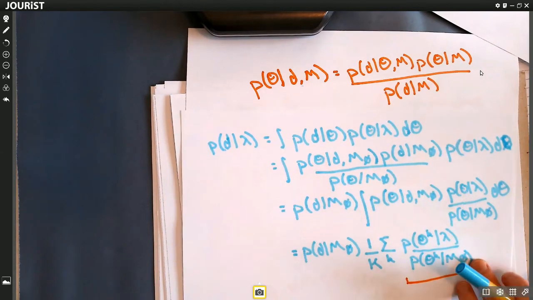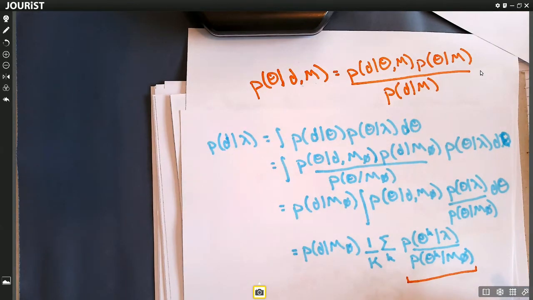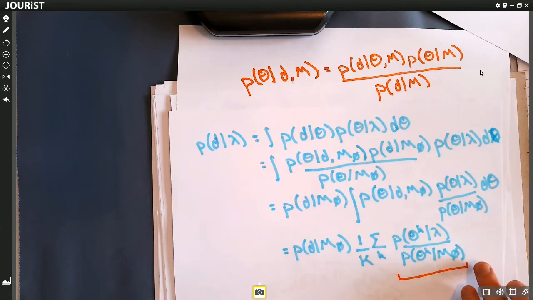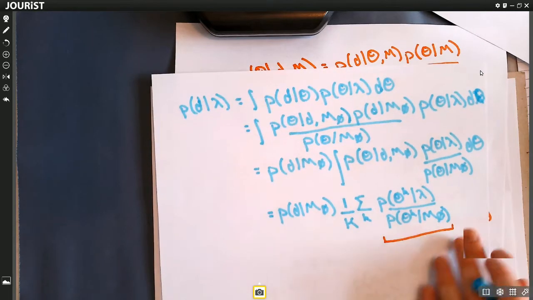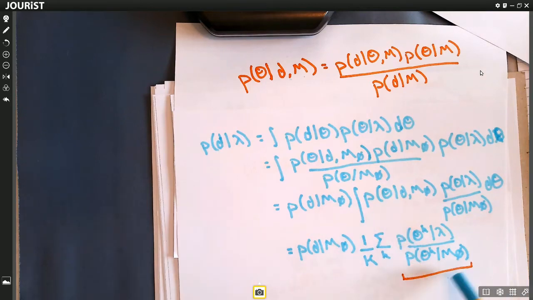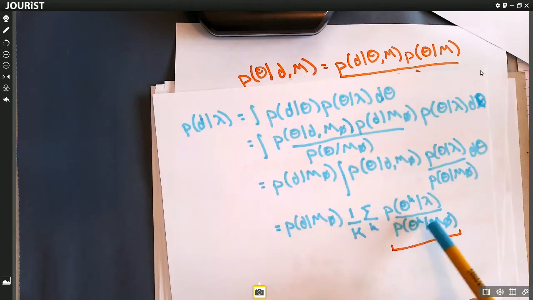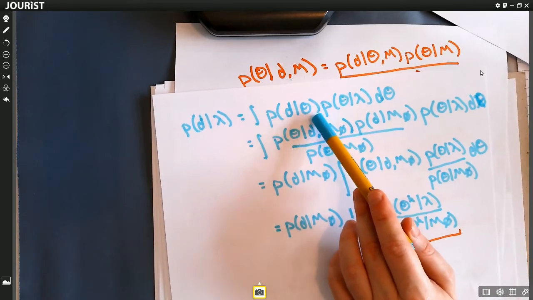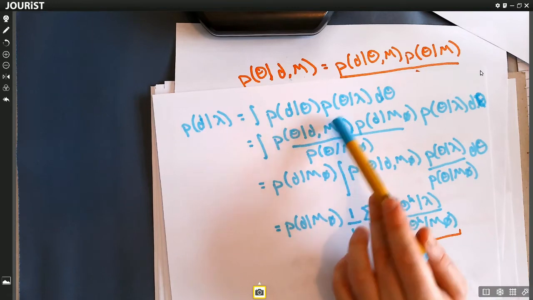Let me see if I can think of a good way of explaining. Yeah, so assuming that we do have this condition here, that we can do this reweighting, that we always have posterior support and also prior support in the regions, we can do this substitution at this point because the exact likelihood shouldn't change depending on the particular assumed model here.